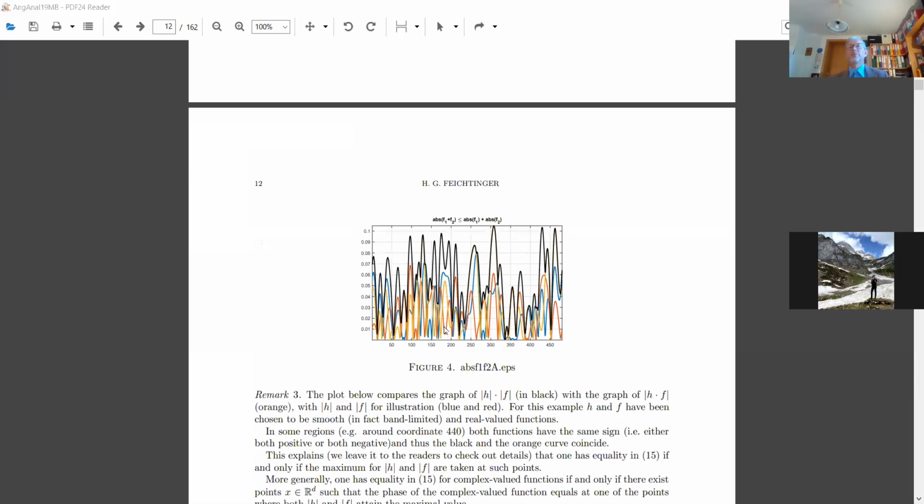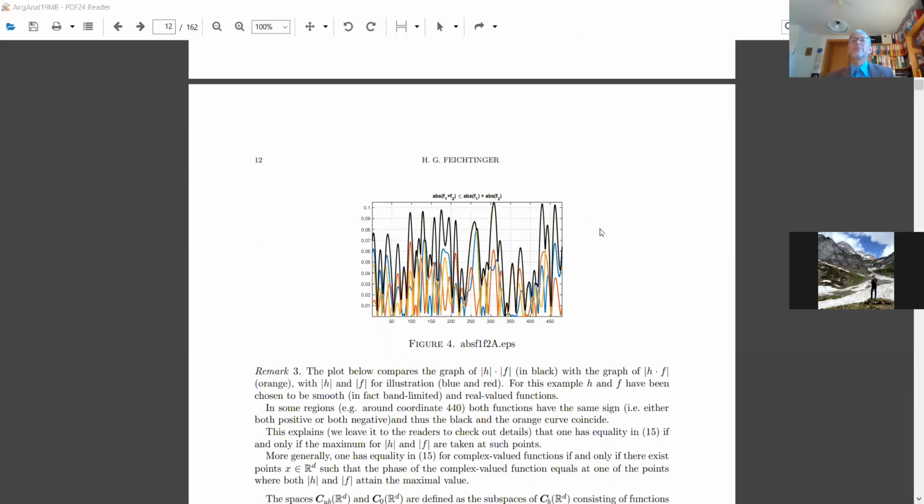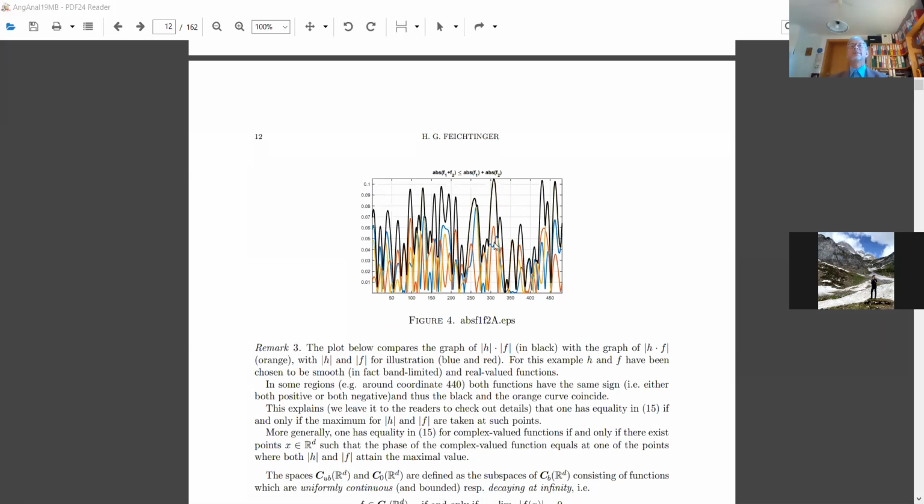I'm showing only the absolute value, but then the blue curve is the absolute value of the product. Okay, this curve is worked out with the sum, but you could do the same with the product.